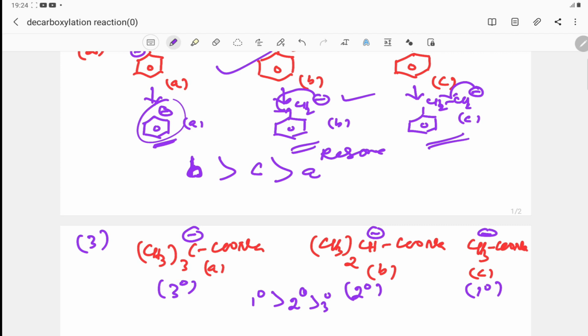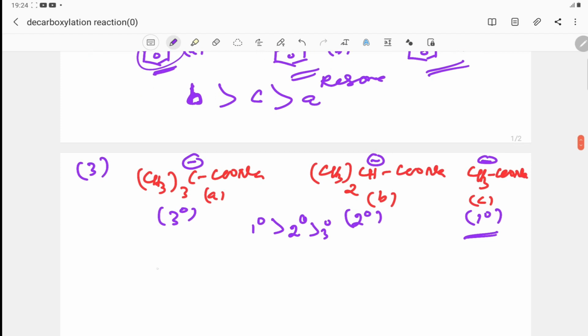The primary carbanion is more stable, so we can say that C will be more reactive than B than A, because if the carbanion stability is more, the parent salt, the parent acid, will be more reactive towards soda lime decarboxylation. So this is the order.